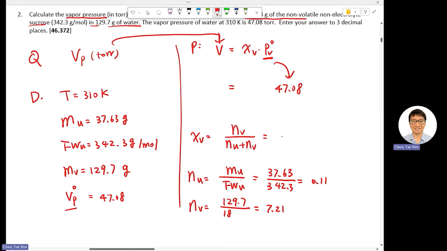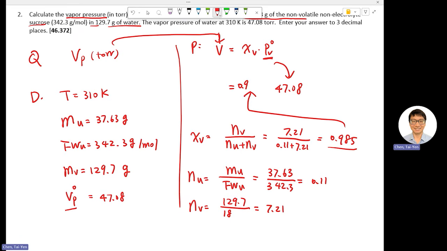Therefore, the mole fraction is 7.21 divided by 0.11 plus 7.21, which gives you a value of 0.985. Once you get this, you put it back in here: 0.985 times 47.08, and you get a value of 46.374.